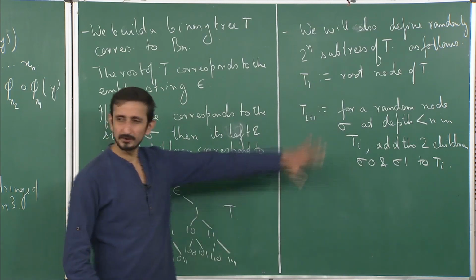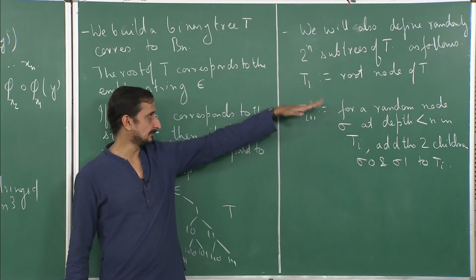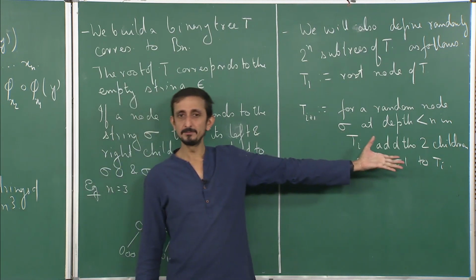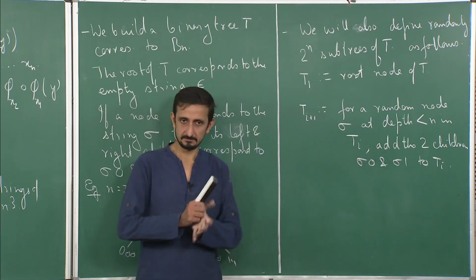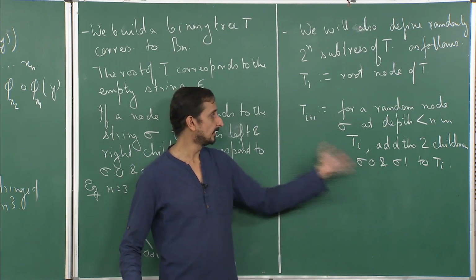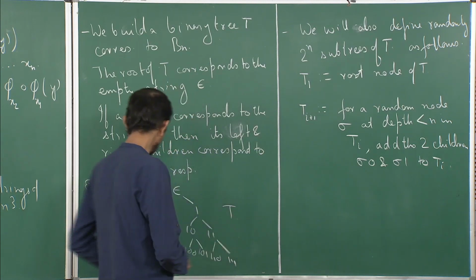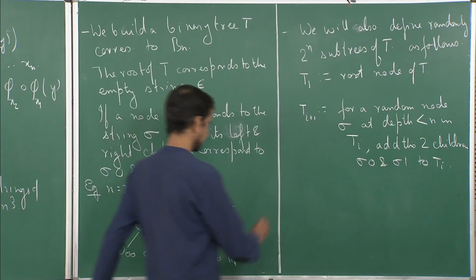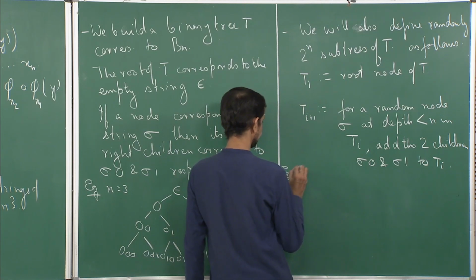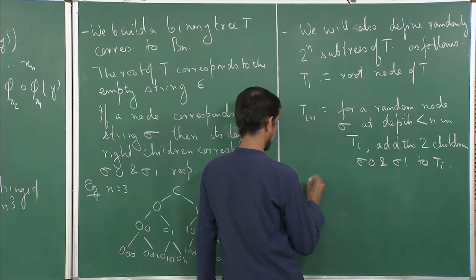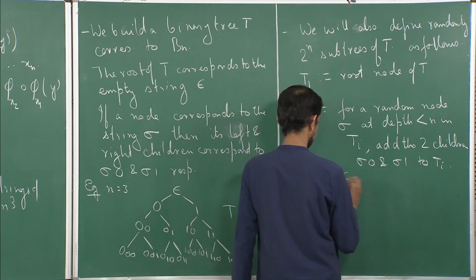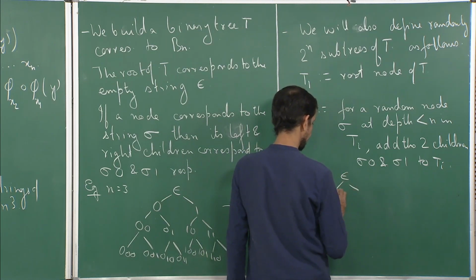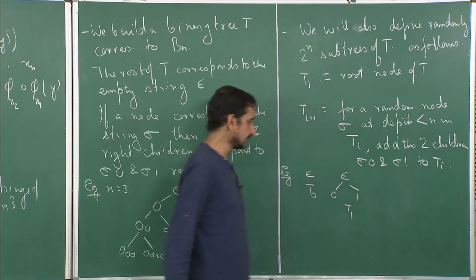Okay. So what you do is essentially that take Ti, take any random node sigma in Ti that is at a height less than n, strictly less than n. Now you just randomly add its two children, and that is my Ti plus 1. Okay. So once again we can look at an example just to familiarize ourselves. So we have this as T0, then in T0 there is only one node, so T1 has to be this tree.